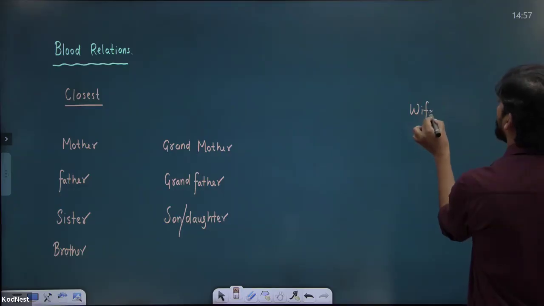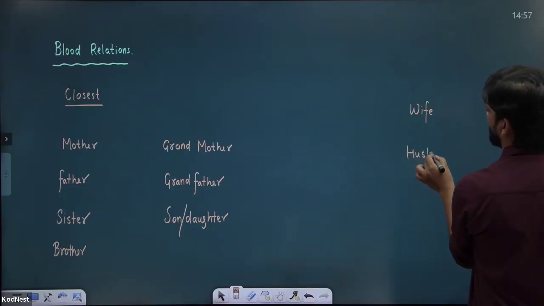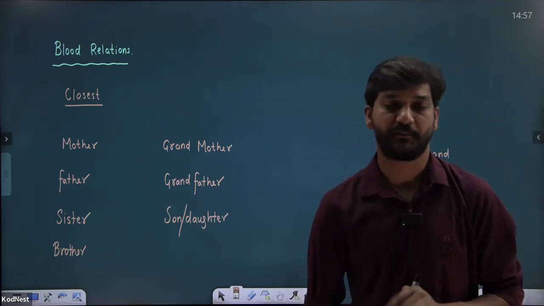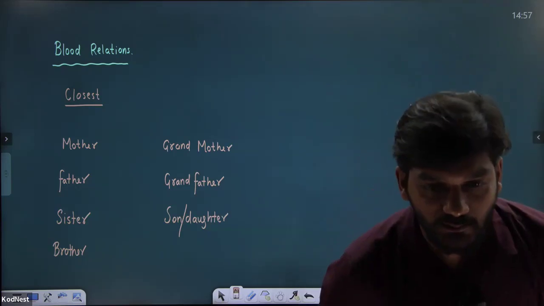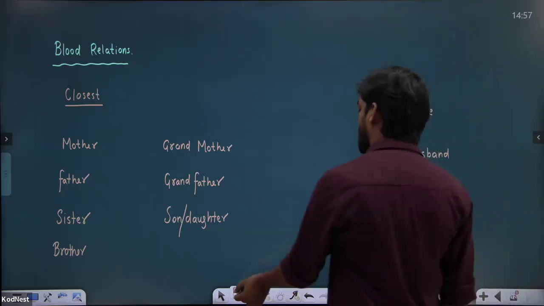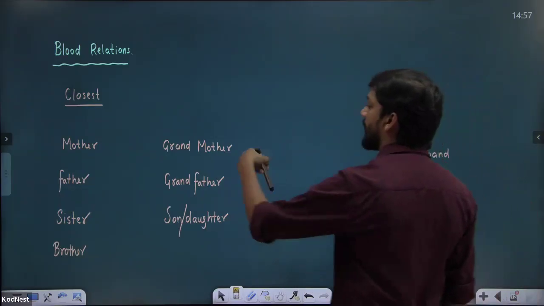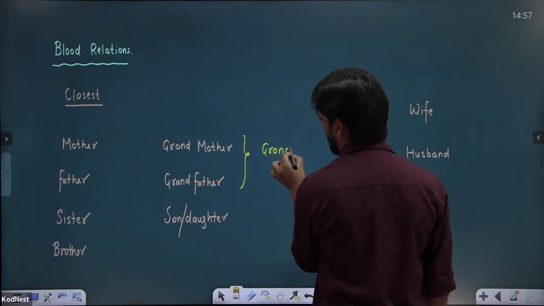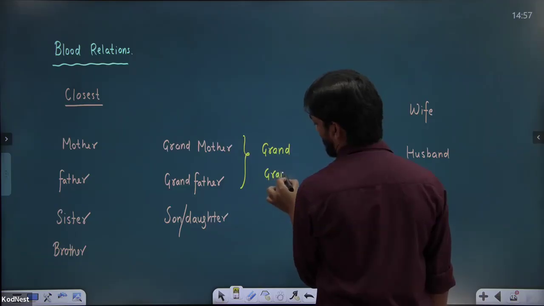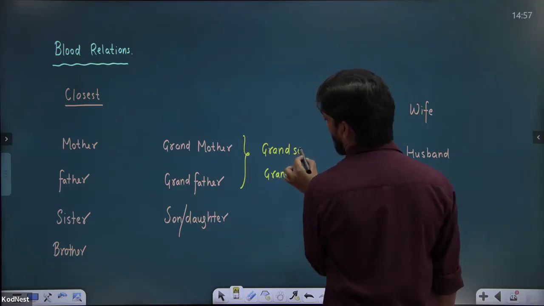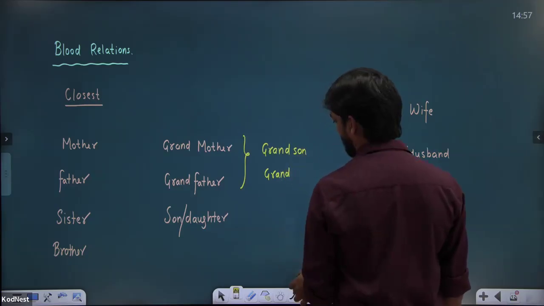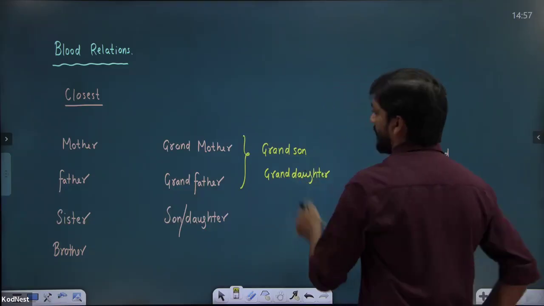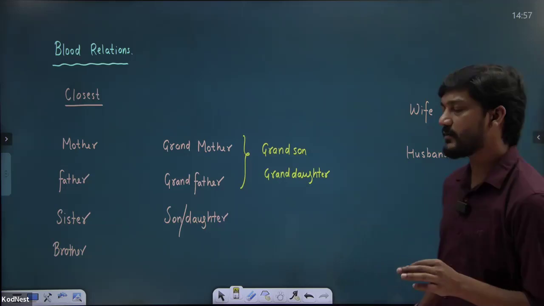Okay, anything else? Closest, not far. Daughter, son. Okay. So the reverse of grandfather, grandmother will be grandson, granddaughter. Anything else which is close?